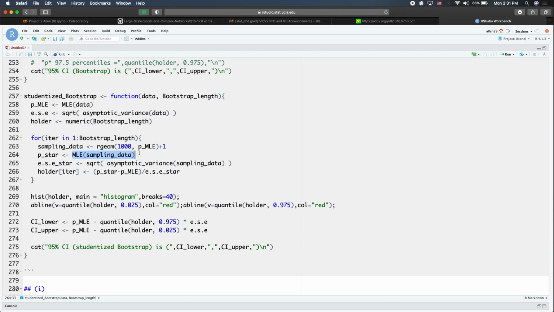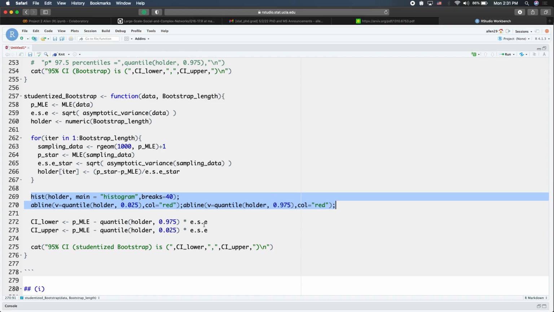We find the MLE, but this time we also calculate the asymptotic variance for the sampling data. And then we use this formula to construct, I think in the slides it's called delta, but this is the quantity that we are actually storing for the 1,000 simulations. Then we plot the histogram and the two red lines for the quantiles.